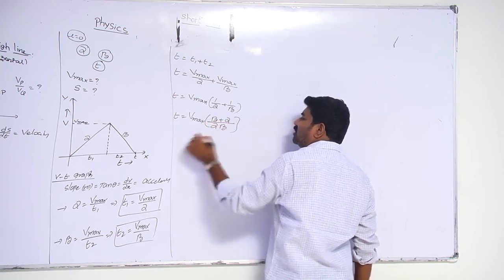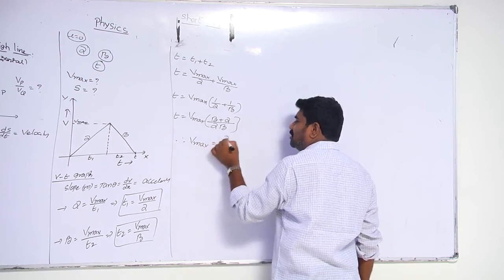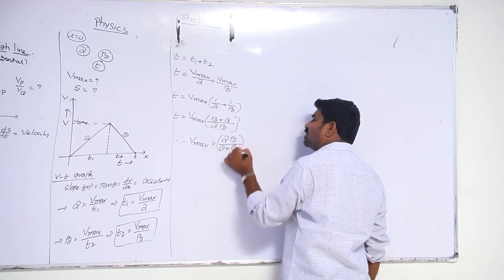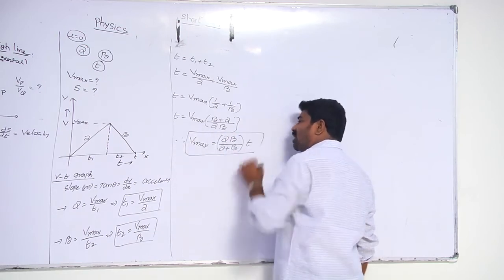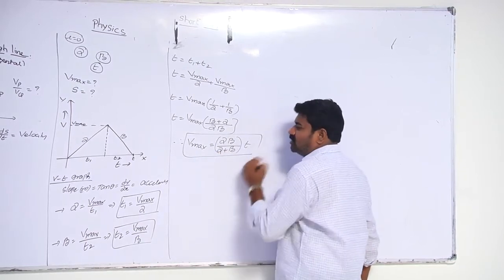Therefore, what is the maximum velocity? Maximum velocity is equal to alpha beta by alpha plus beta into time. This is the formula for the maximum velocity.